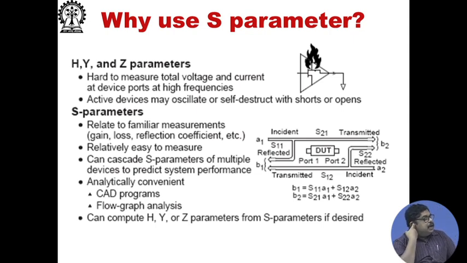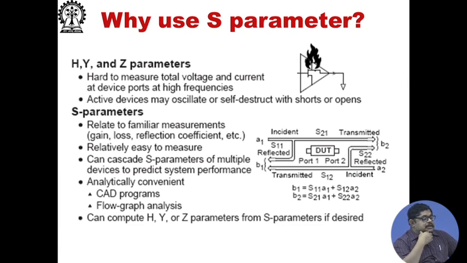Now, whatever we have told about why we use S parameters, again I am summarizing that there are H, Y, Z parameters. Sorry, this H is generally small h, the hybrid parameters. It is hard to measure total voltage and current at device ports at high frequencies. I described the reason why it is so.